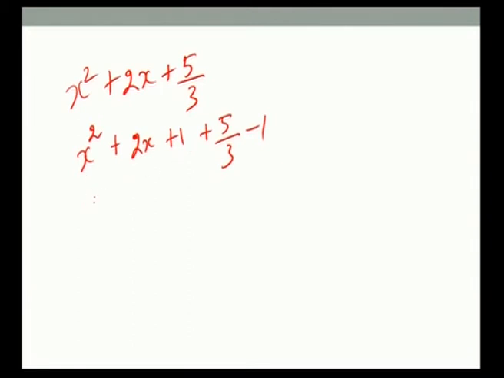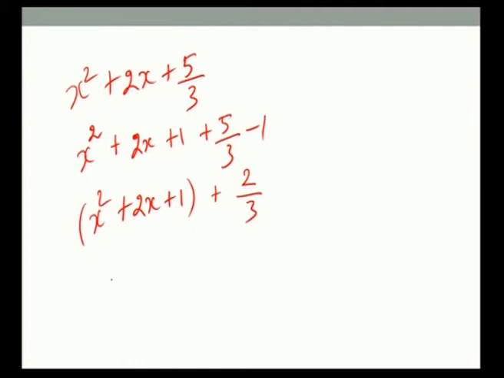Now x square plus 2x plus 1 can be clubbed. This is in the form of a square plus 2ab plus b square, plus 5 by 3 minus 1 gives 2 by 3.